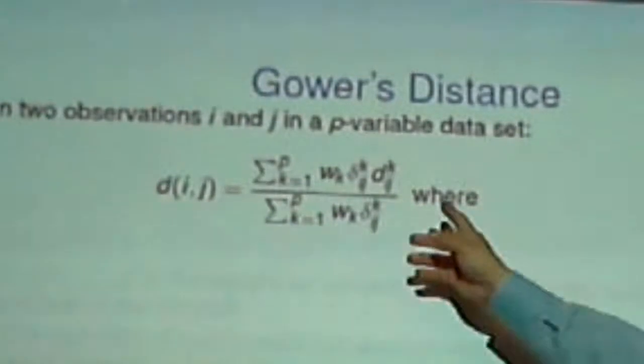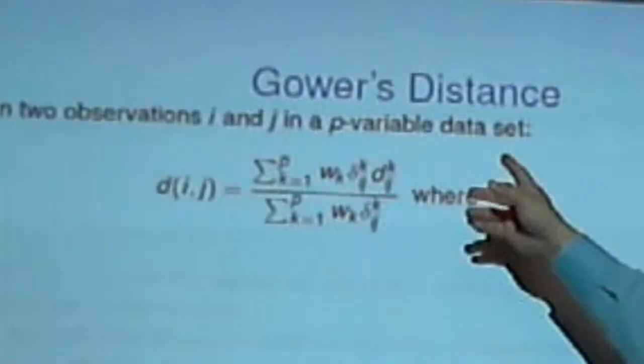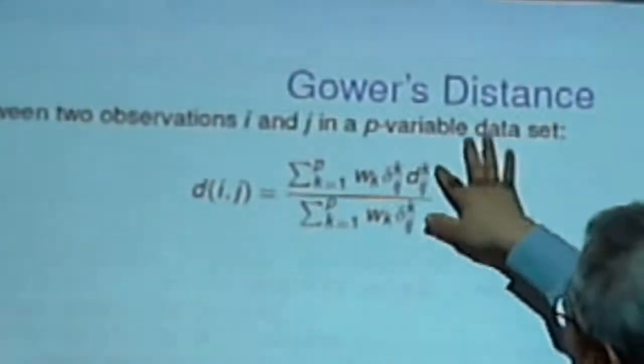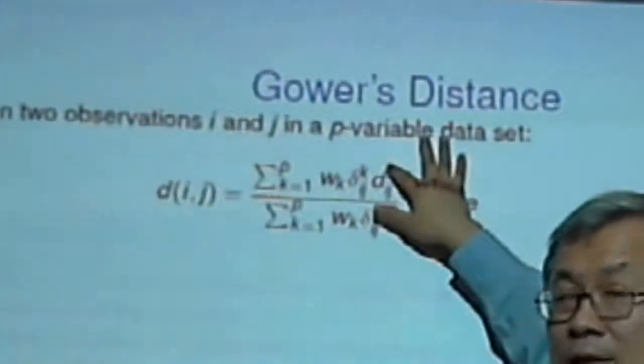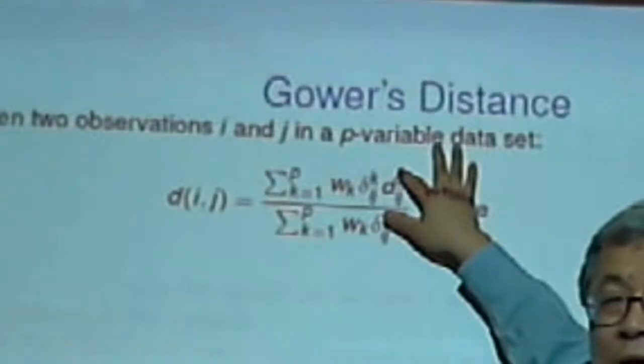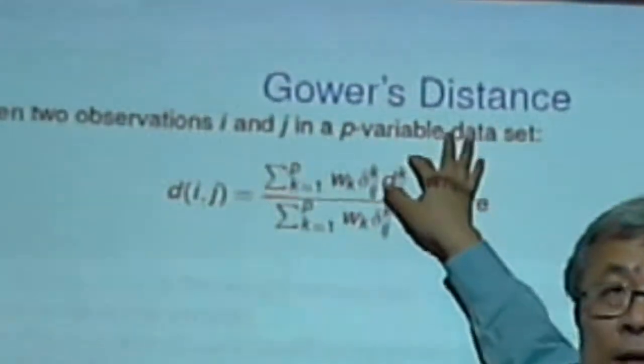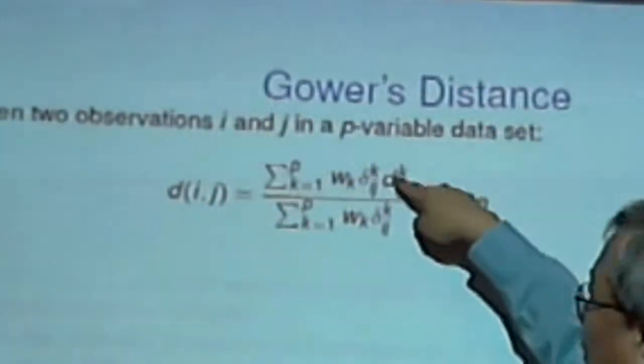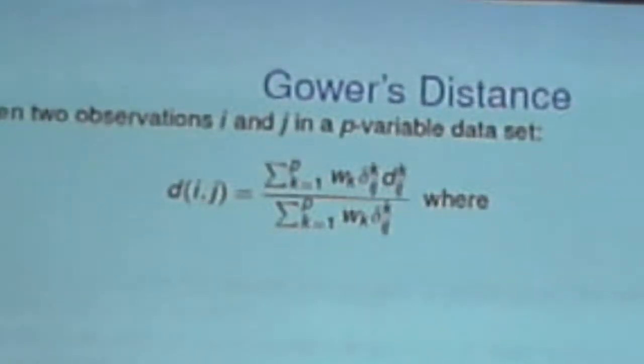Here these p variables can be of any combination. And look at this: this is some kind of distance measure between object i and object j that we have in variable k. So in a sense, this is actually the weighted average of distances, right?